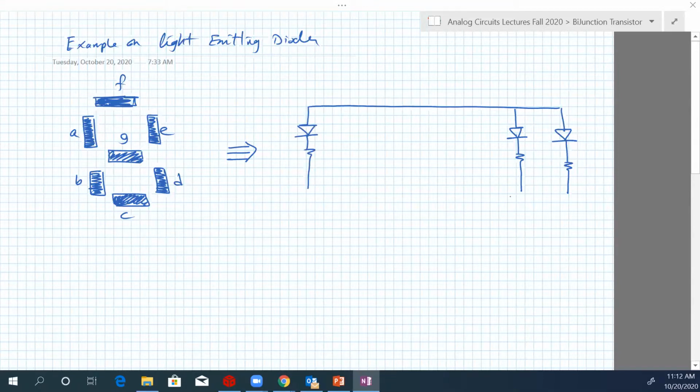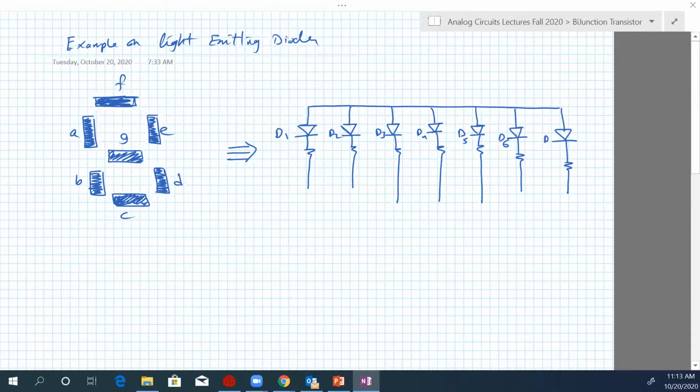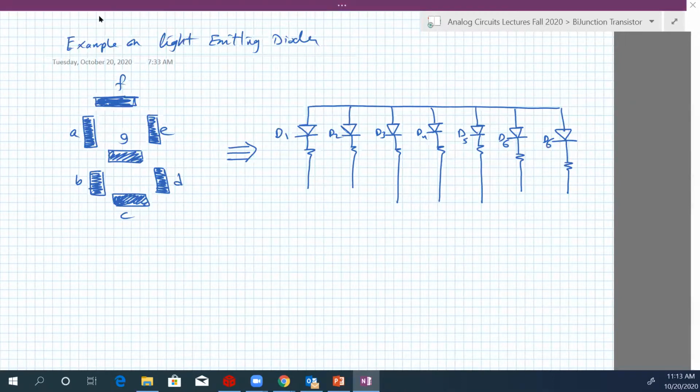That will be very boring because we have 7 of them. Let's make it very clear for you. So we have here 6, yeah, this is 7. So this is LED 1 or D1, D2, D3, D4, D5, D6, D7. Well, let's call them by the letters.